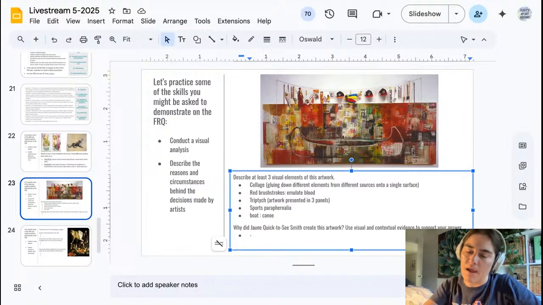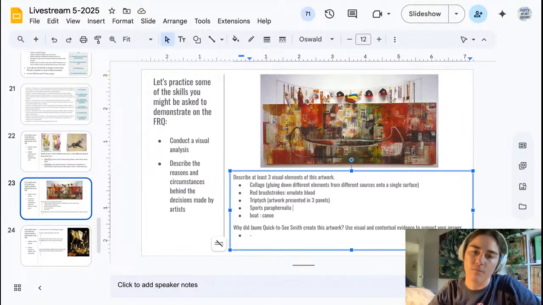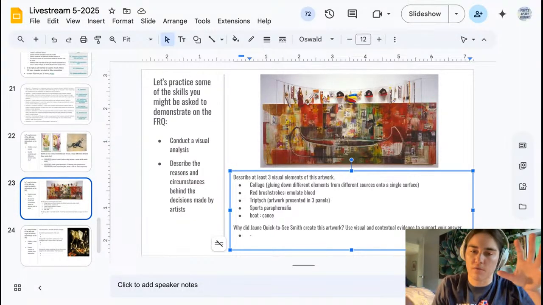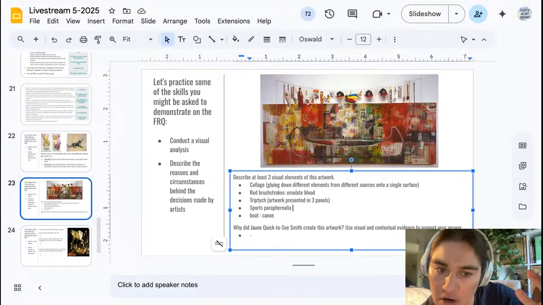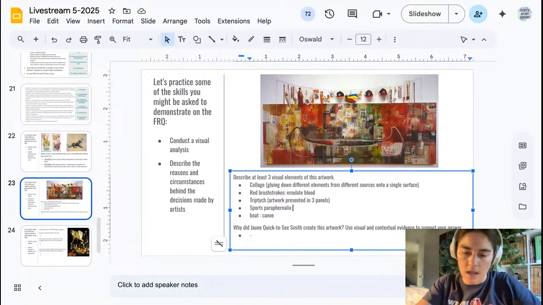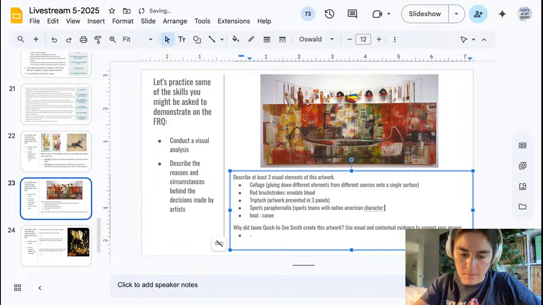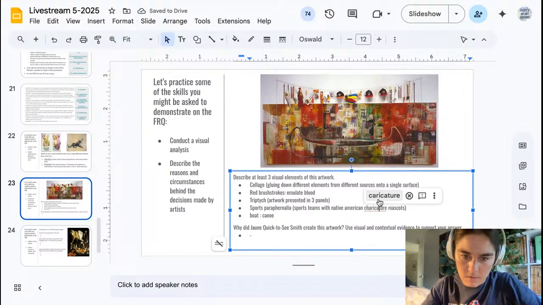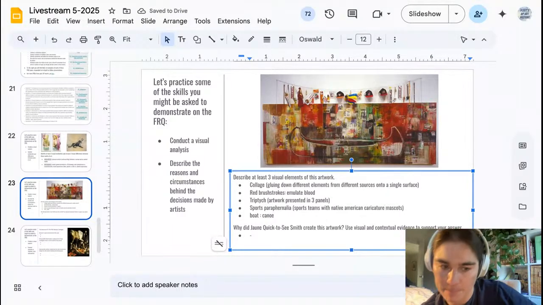So we have all these sports mascots like the Braves, right? There are these names that refer to these groups in nowadays very derogatory ways, right? So sports teams with Native American, I would call them caricature mascots, right?